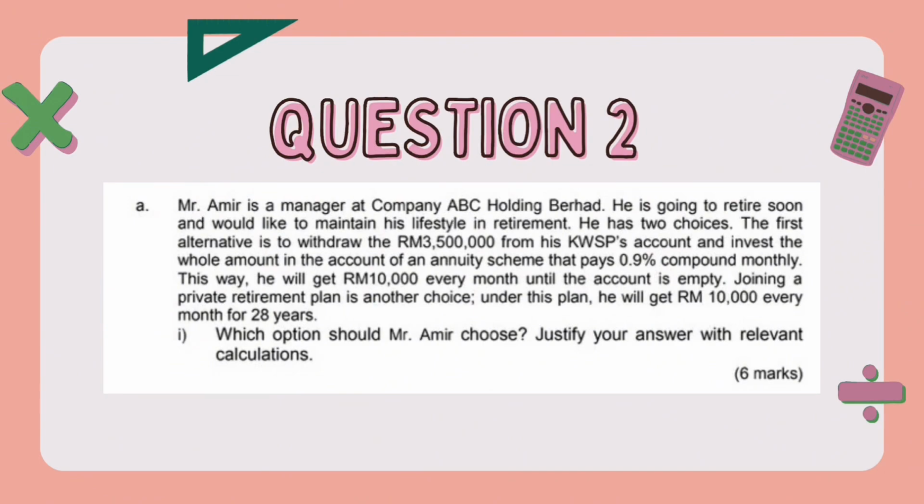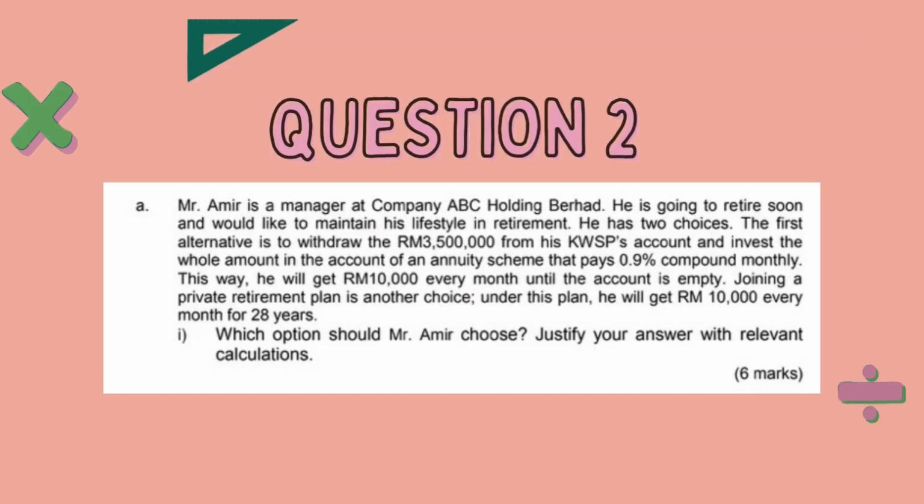This way, he will get 10,000 ringgit every month until the account is empty. Joining a private retirement plan is another choice. Under this plan, he will get 10,000 ringgit every month for 38 years. I. Which option should Mr. Amir choose? Justify your answer with relevant calculations.